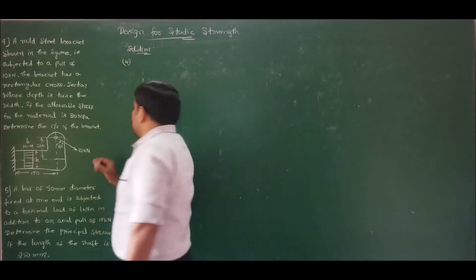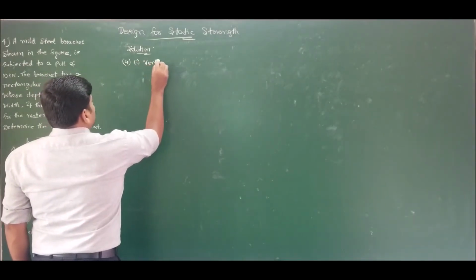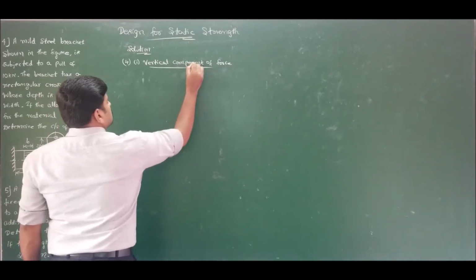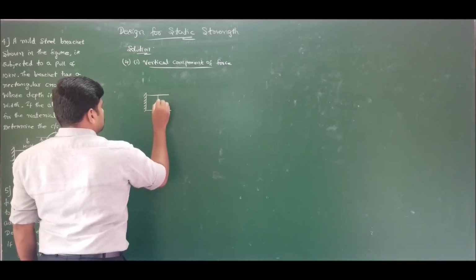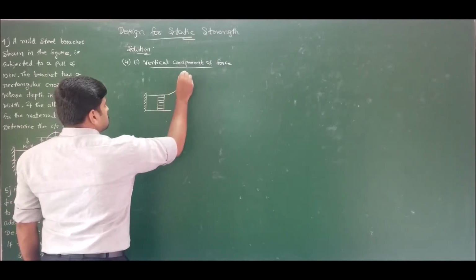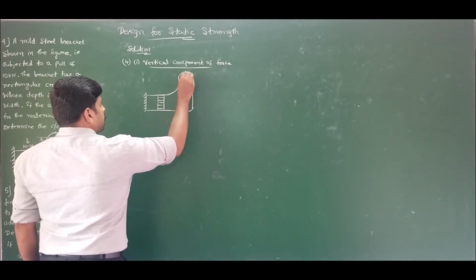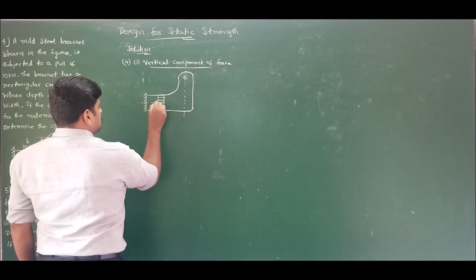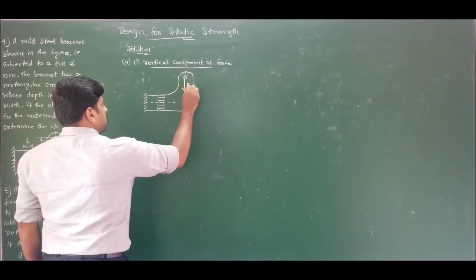Let us do that. So first, let me resolve the force vertically. So the vertical component of force, now the problem will become like this. So here we have the cross section, which is a rectangle for us, and the force is acting like this. Now this component will become FB.